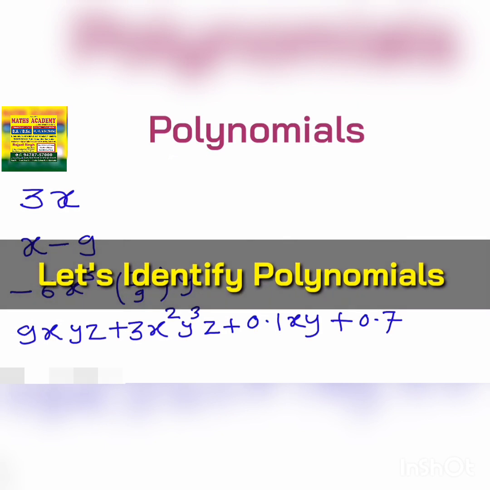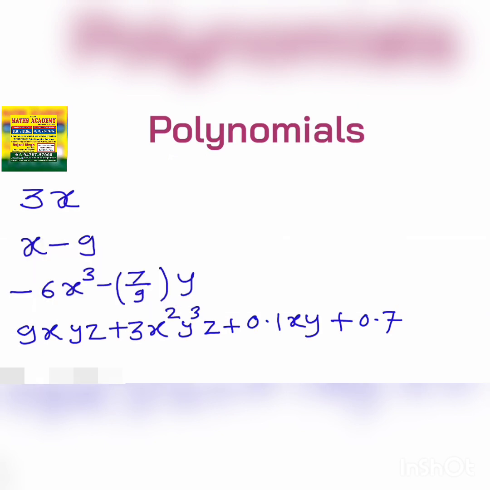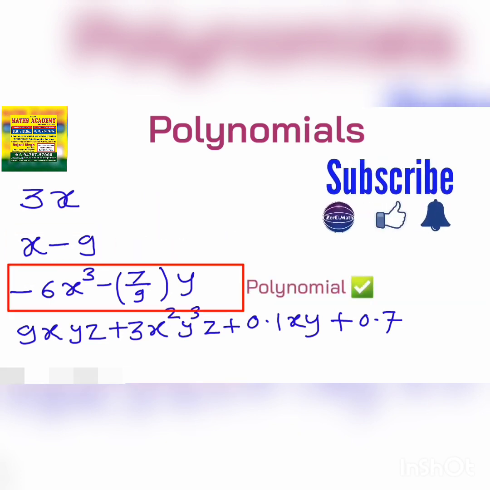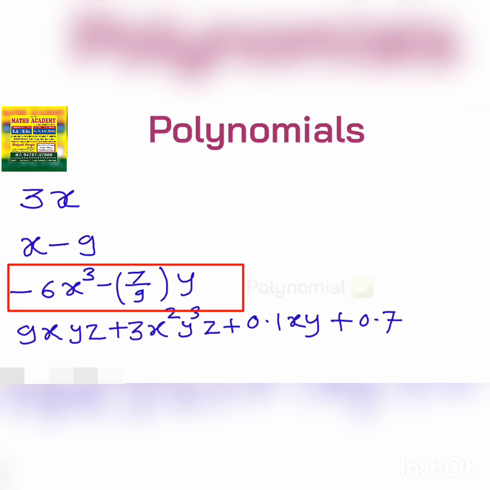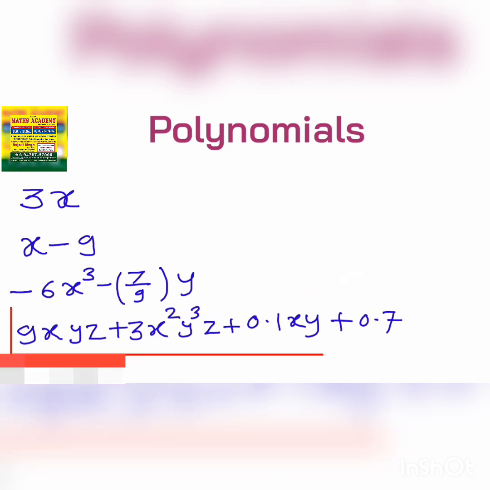Let's identify whether those are polynomials or not. 3x is a polynomial with one term where x is multiplied by constant 3. x can be represented as x to the power 1. x minus 9 is also a polynomial which has got two terms. Minus 6x cube minus 7 by 9 times y is also a polynomial, where 6 is a constant multiplied by x cube and 7 by 9 is a constant multiplied by y.